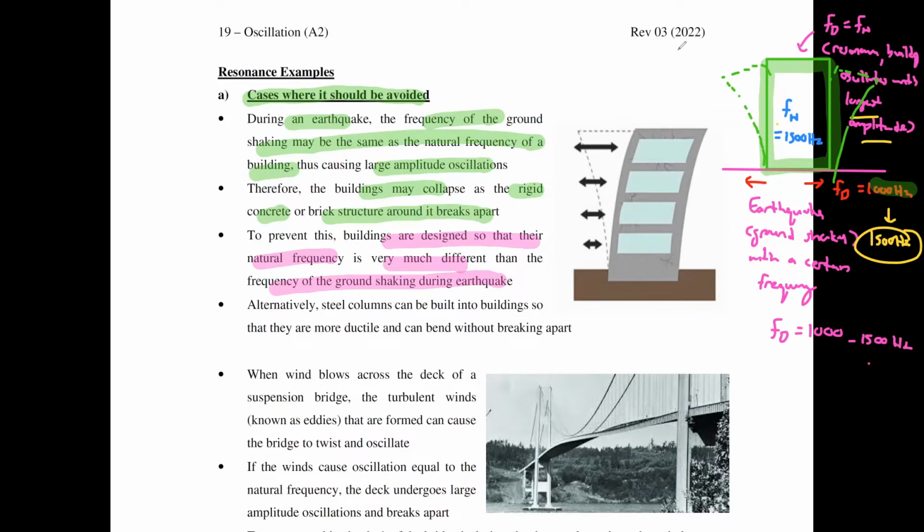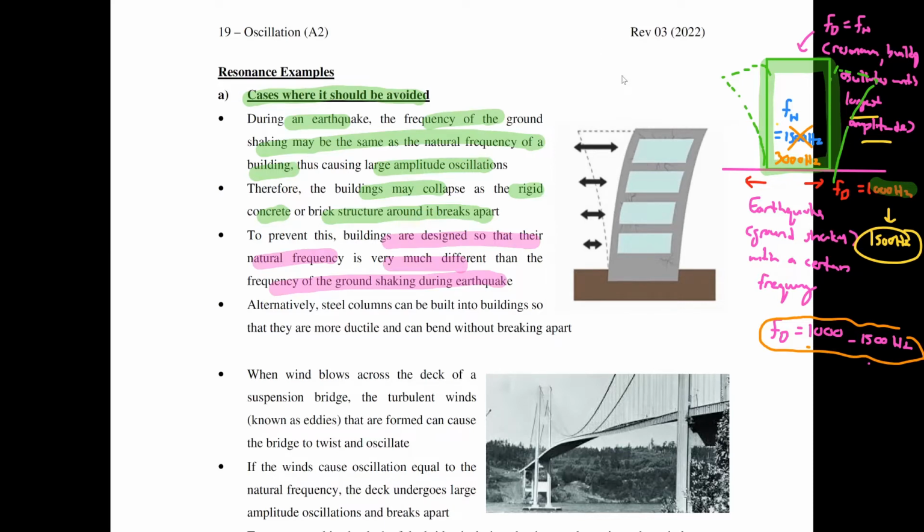Knowing this, you purposely design your building, make it higher, shorter, fatter, or narrower, so that the natural frequency becomes something else, say 3000 hertz. Then if you have an earthquake, there's no way that your earthquake frequency will ever be the same as your natural frequency. So you avoid the possibility of your building collapsing due to very large oscillations during resonance. That's one thing to note about resonance.